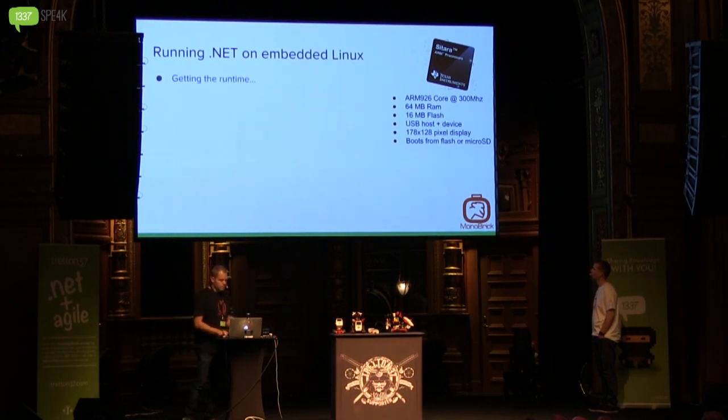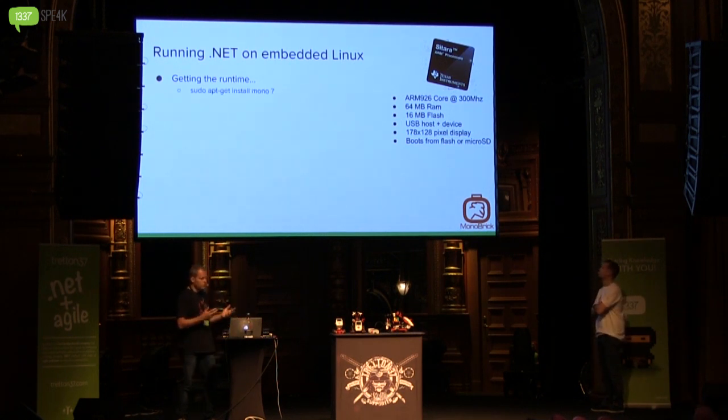Okay, so we need to get the .NET runtime. So how do you do that? We just do an apt-get install, and that is not really possible. The EV3 runs a special Linux distribution called Ångström, tailored for embedded systems, and it has a very limited amount of packages available.